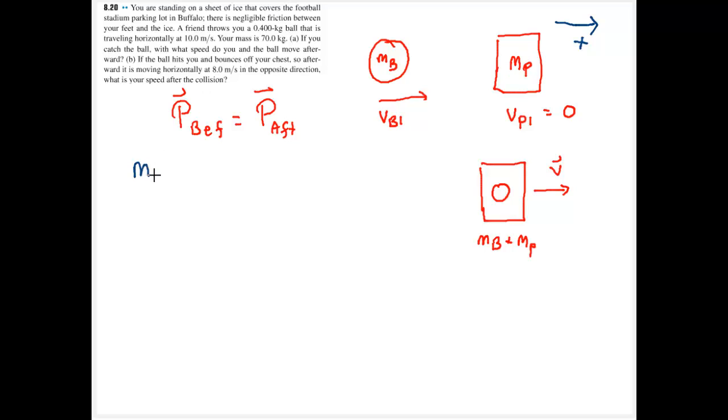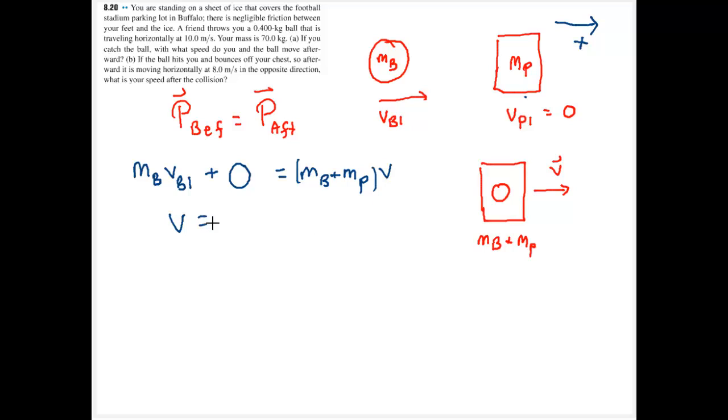So the momentum beforehand is going to be the mass of the ball multiplied by the initial velocity of the ball plus the momentum of the person. The person is not moving. They have 0 velocity, therefore they have 0 momentum. Afterwards, the momentum of the system is going to be the mass of the ball plus the mass of the person, and they're going off at some velocity that I'm looking to solve for.